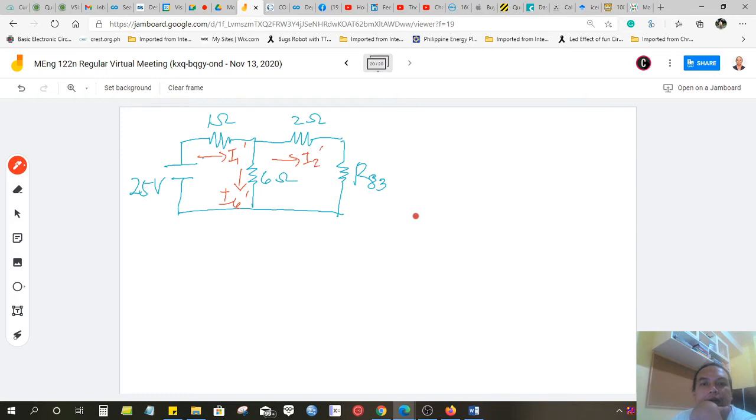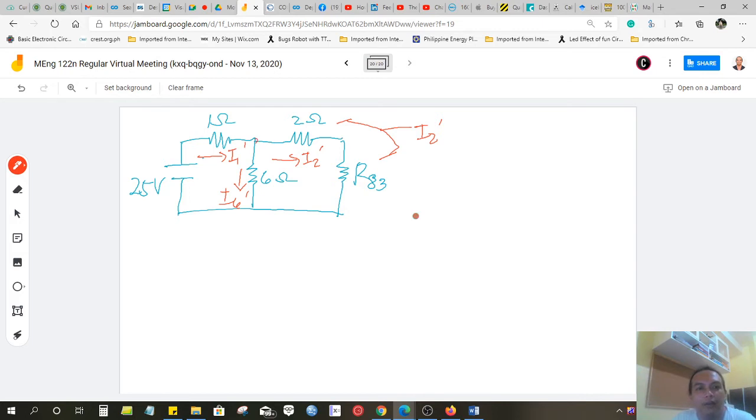Then this one here is the current sa 2 ohm or the resistance combination sa 8 ug 3, that is I2 prime. Equal na sila current. Why? Because they are in a series circuit. Okay? Now we can get the value of your I2 prime.